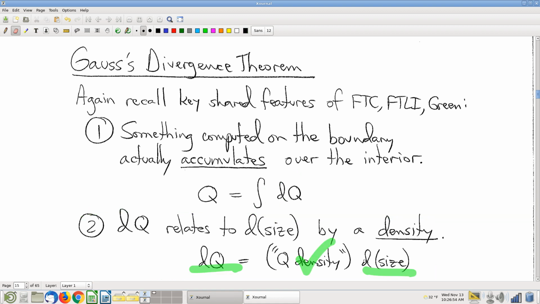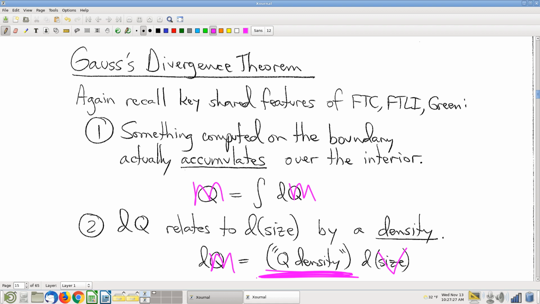Right? So we've seen this first with mass. I know I've said this a million times, and I'll probably say it another couple hundred, but I think it's an important idea. Mass is an accumulation of little pieces of mass. Mass accumulates. Well, likewise, that little piece of mass relates to a little piece of volume in the sense that there is this notion called density, or I would prefer to be more specific and call it mass density.